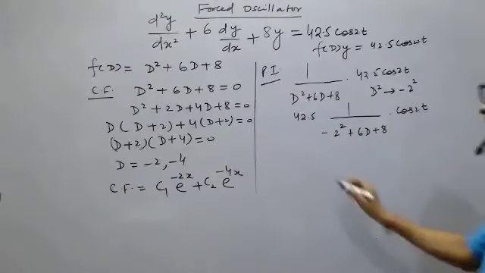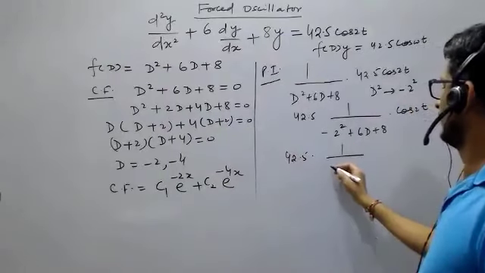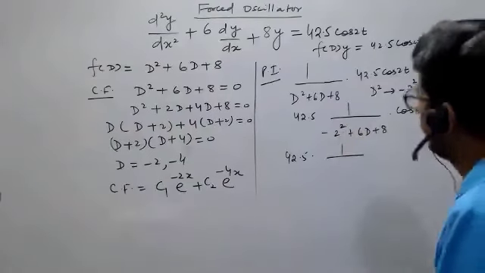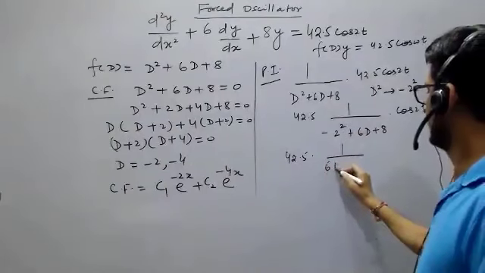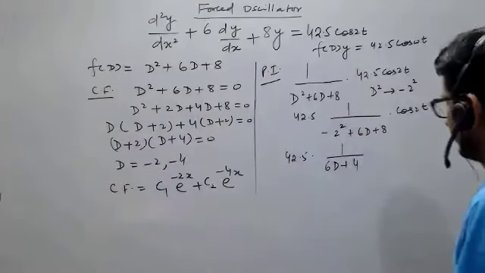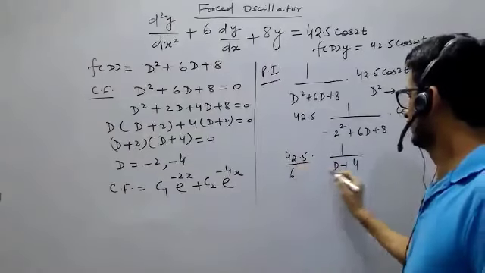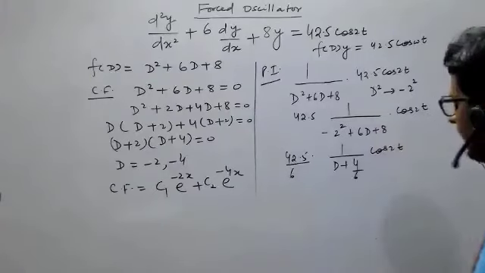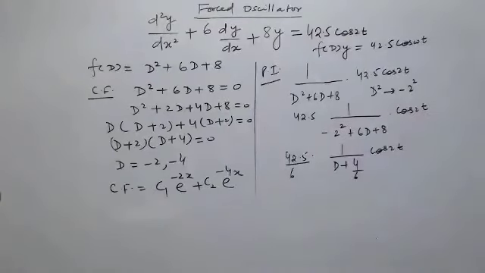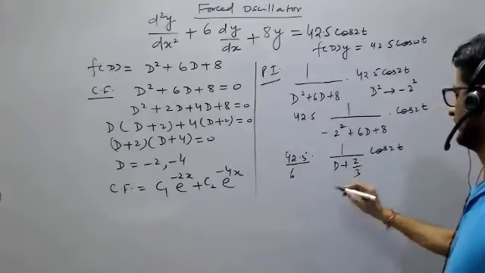So it will become 42.5 into 1 upon, it will become minus 4, so it will become 6D plus 4, correct? And take 6 also common. So it will become 4 by 6 into cos of 2t. Look very carefully here: 2 2s are 4 and 2 3s are 6.